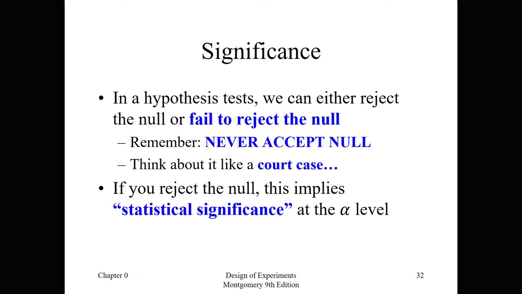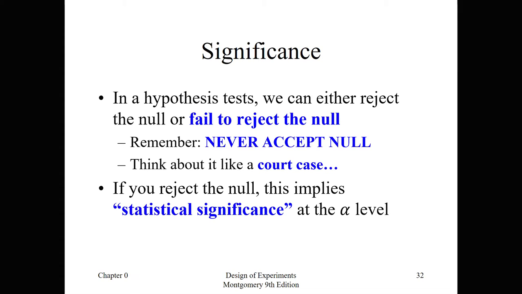So if you reject the null, again, this is statistical significance. So when we say a result was statistically significant, what we mean is that in a statistical null hypothesis test, we rejected the null hypothesis. And because all of those tests have an associated alpha level, when we say statistically significant, technically it's statistically significant at that alpha level, because recall, if we change the alpha level, the p-value may be above or below the new alpha level in a different way.